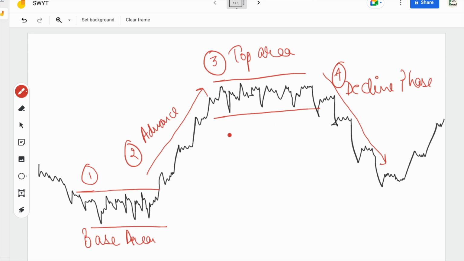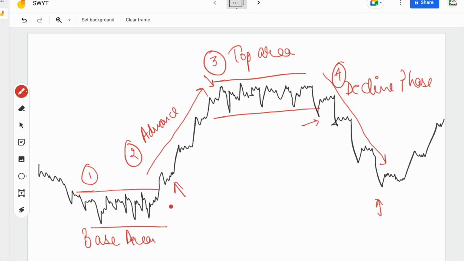Now, here your job is to think a little bit: if you want to buy a stock, where should you buy? Here or somewhere here? Obviously somewhere here. And when you want to book the profits, you would want to book the profits here. And if you are a shorter, this is where you would like to go short, and this is where you will cover your short. As a buyer or a seller, you have to avoid this area.